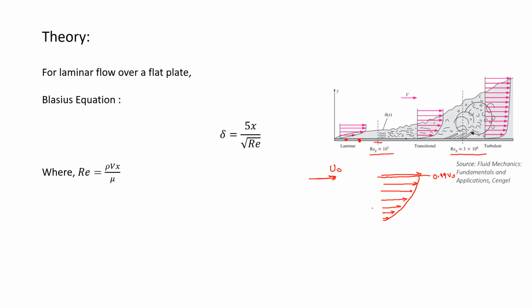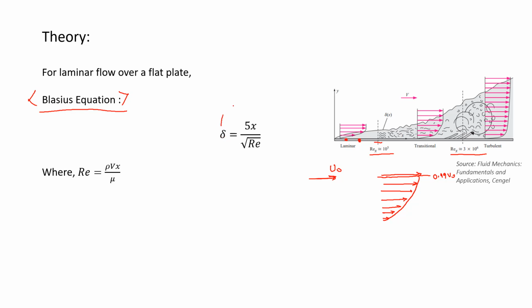So this has a very rich theory actually, but for the questions that I have seen in the exam, most of them are related to the thickness of boundary layer, and most of them are related to this equation called the Blasius equation, which gives you an expression for boundary layer thickness.